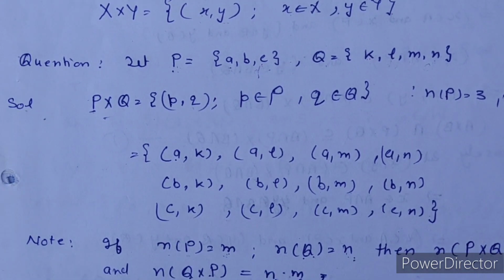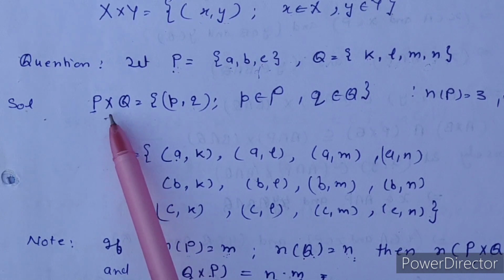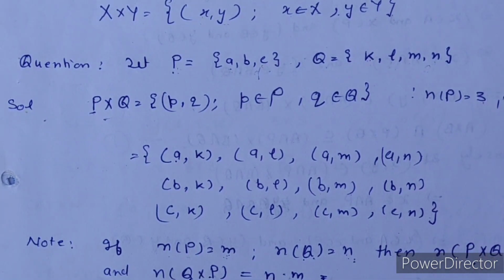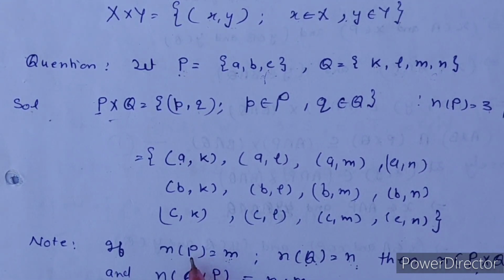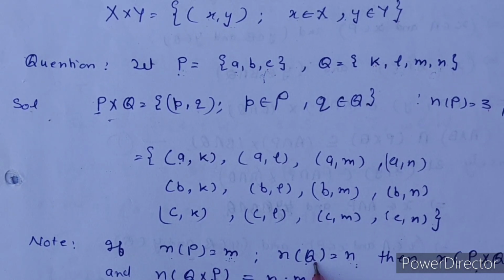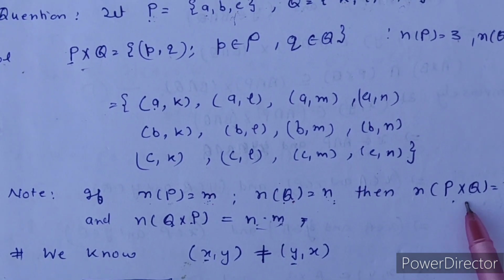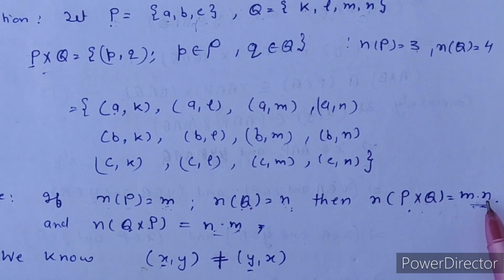Here you will note that the number of elements in the Cartesian product P cross Q is equal to 3 into 4, that is 12. So it is our formula now. If the number of elements in the set P is m, and the number of elements in the Q set is n, then the number of elements in P cross Q will be m into n.